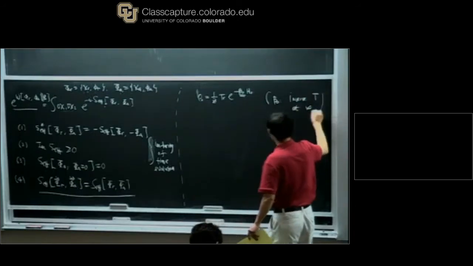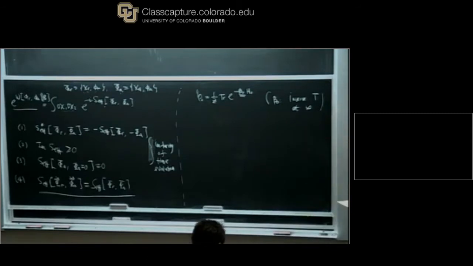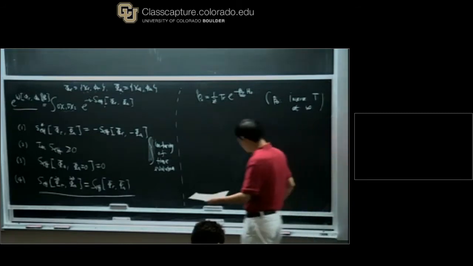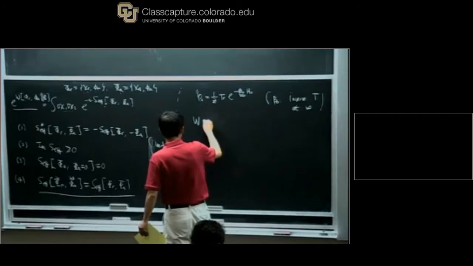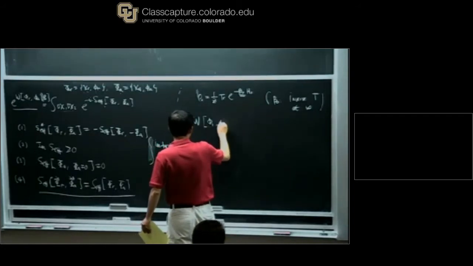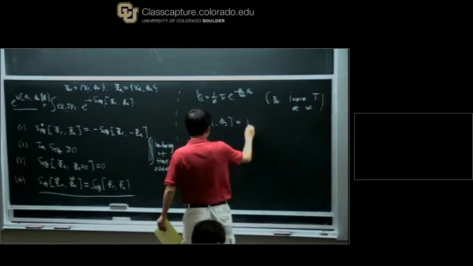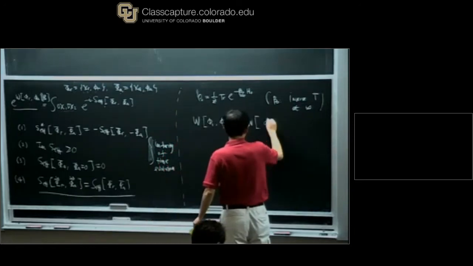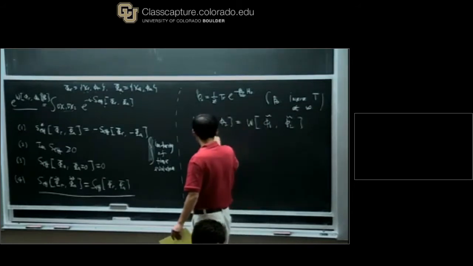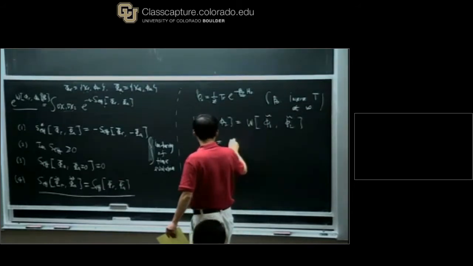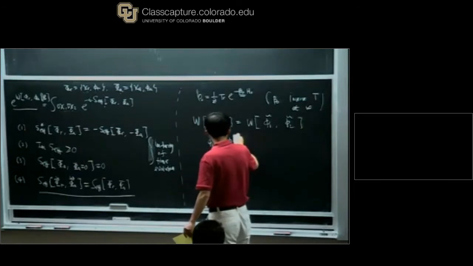And now from here, we can deduce that this W should satisfy the following condition: that phi 1, phi 2 are related to W of phi 1 tilde and phi 2 tilde, and then this phi 1 tilde is related to phi 1 by some discrete transformation.